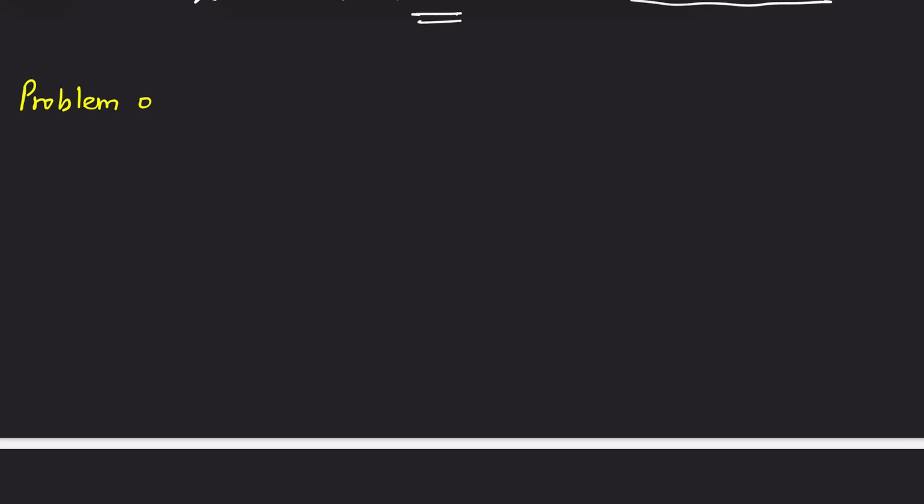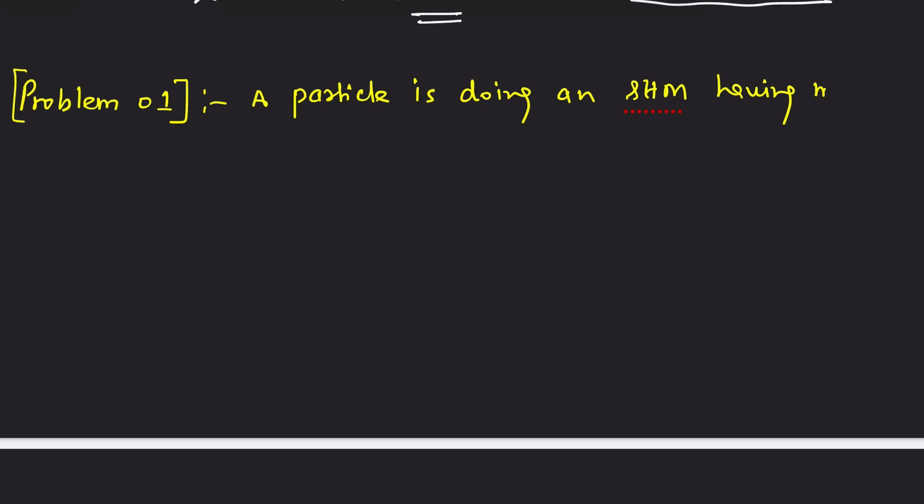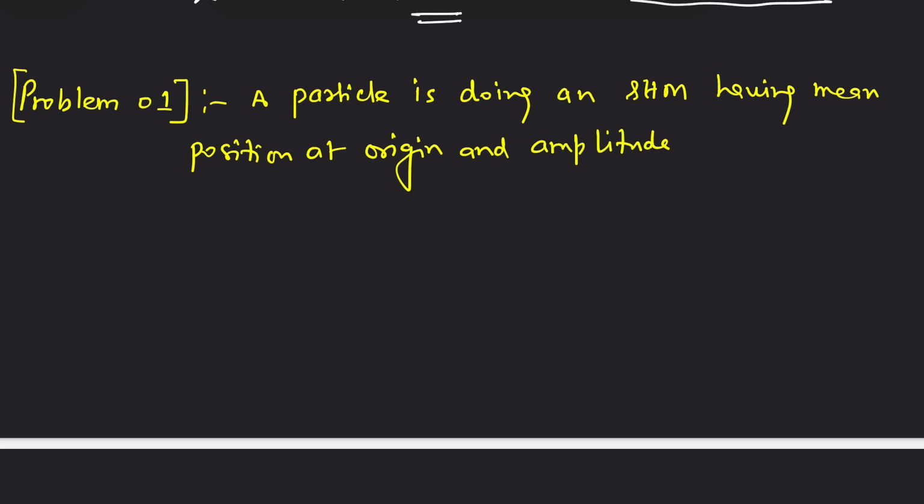Problem number one. It is saying that a particle is doing an SHM having mean position at origin and amplitude of 5 centimeter, and its time period is 2 seconds.